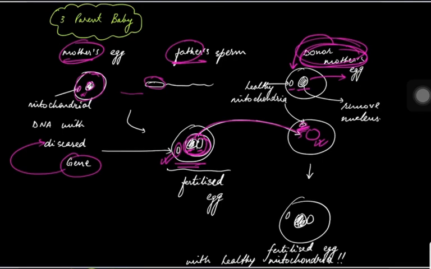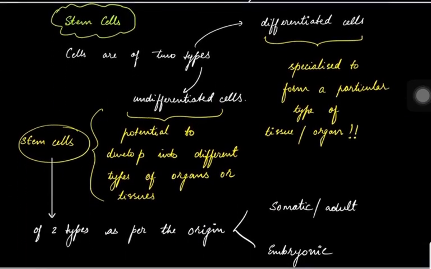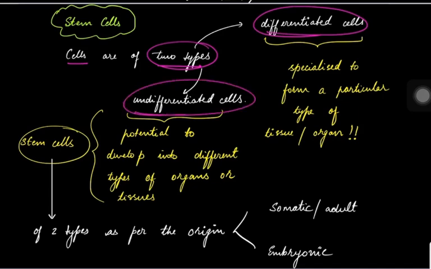Now we are going to discuss yet another important concept, and that is stem cells. The cells of the human body can be divided into two types. The first is the differentiated cells, and the second is the undifferentiated cells.